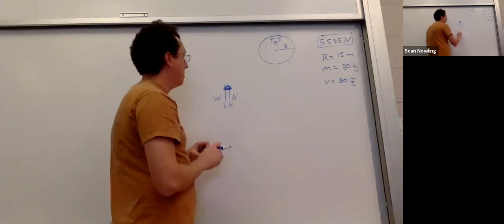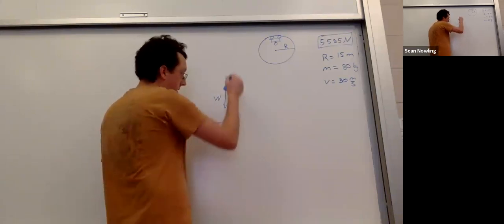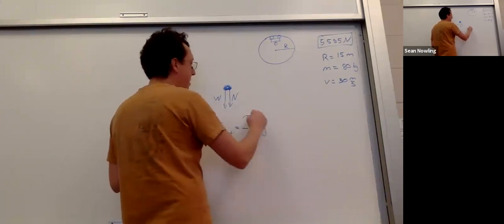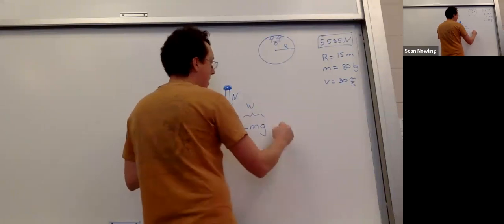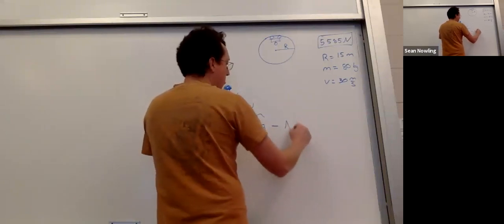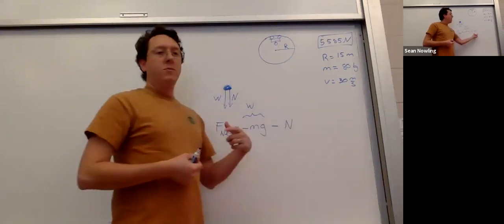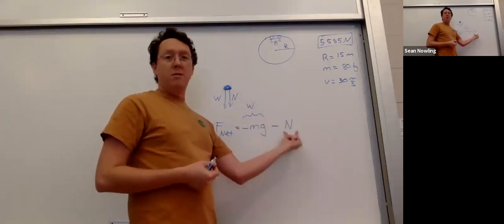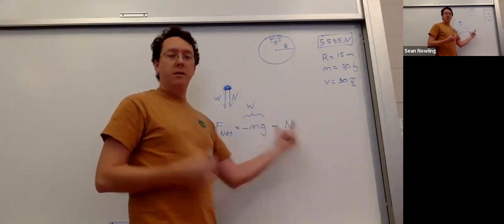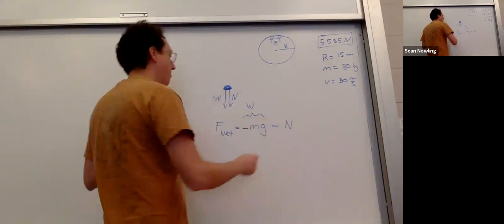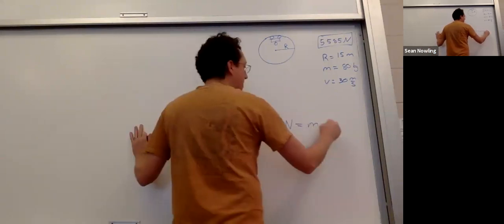I'll just work in the vertical. The net force in the vertical direction is minus mg from the weight and minus the normal force. By writing it that way, I'm actually solving for the magnitude of the normal force because I'll have a positive quantity when we're all done. The actual force points down. Newton's second law says that must equal the mass times acceleration.